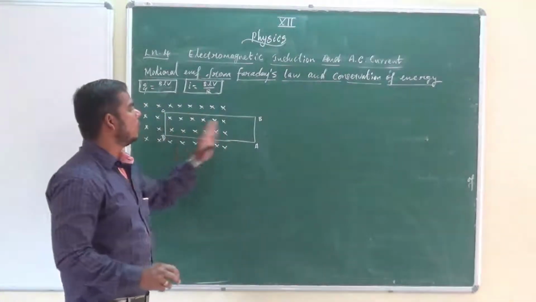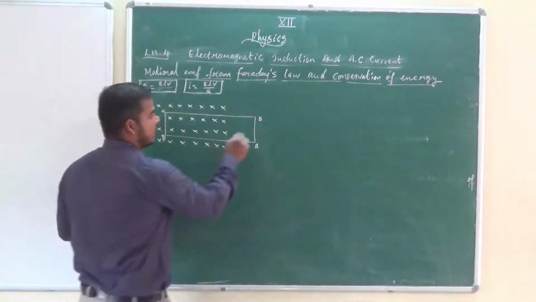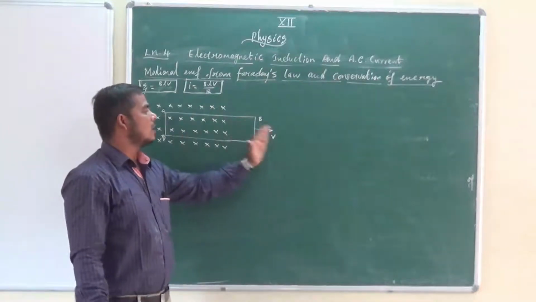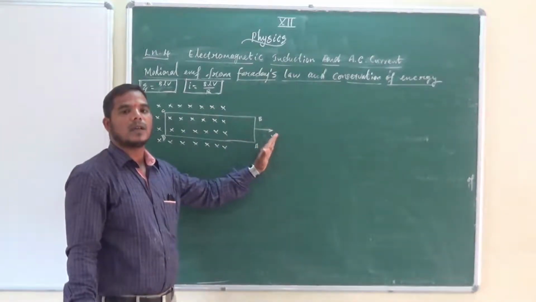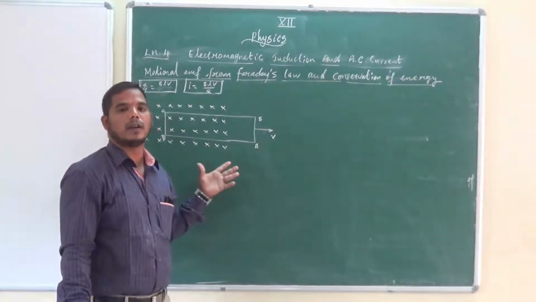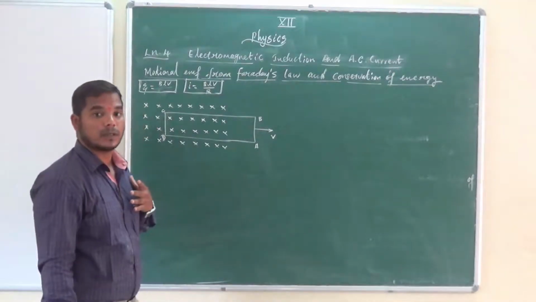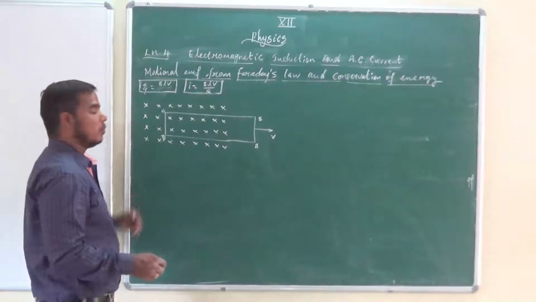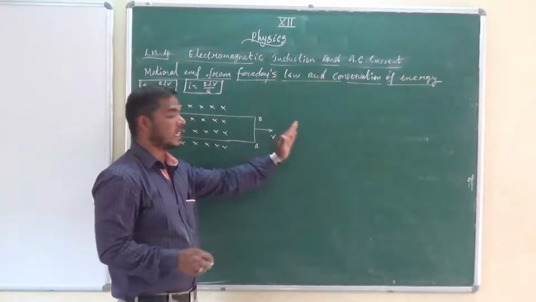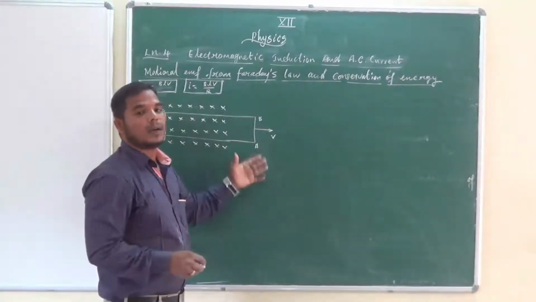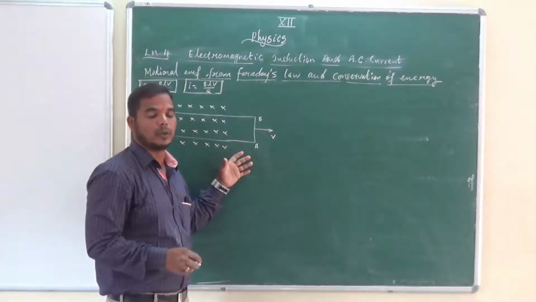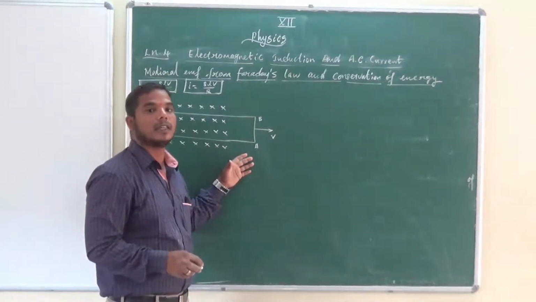In order to move the loop at a certain constant velocity v, what happens is a force is produced. The force is equal and opposite to the magnetic force and must be applied on the loop. So in order to move the loop with constant velocity to the right side, a force must be applied. That applied force must be equal to the magnetic force on the loop.